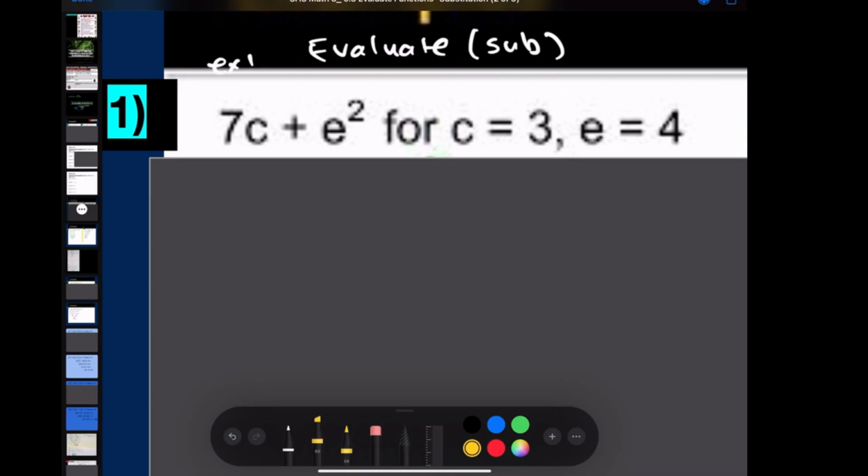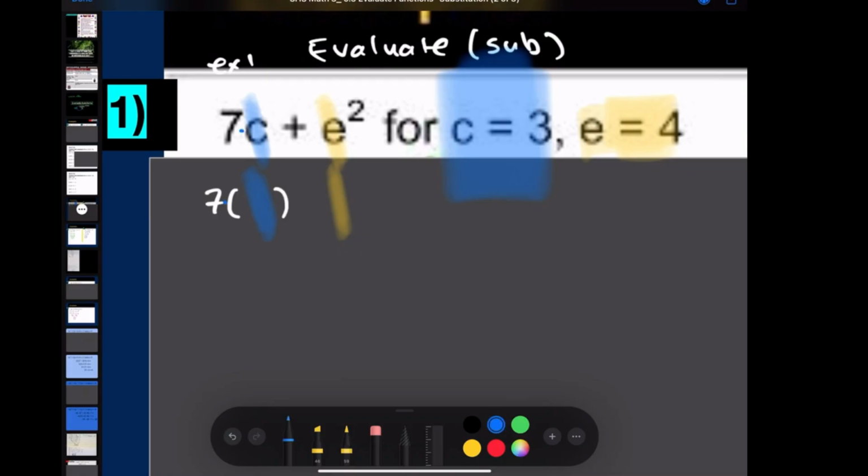Okay, so I know that every c value is equal to, make sure, big, and not so dark. Oh, that's really big. Every c value is going to be a 3. And every e value is going to be a 4. 7 times, because that was multiplication. That's multiplication here.